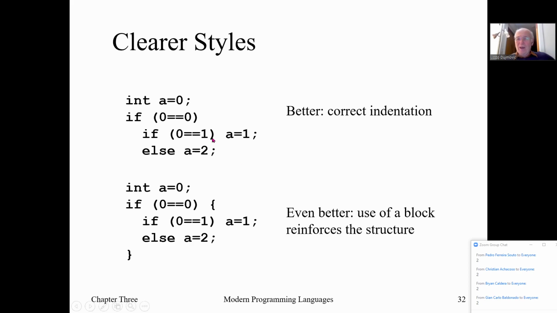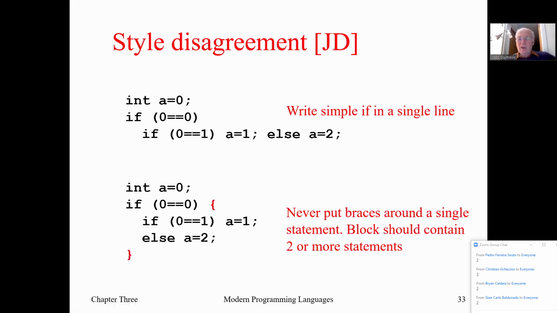And my disagreement with this, which you can accept or not accept any way you want, is this one. The way I write my code is, if the if statement is very simple, like this one, I always put it in a single line. So say if 0 equals 1, a is 1, otherwise a is 2.